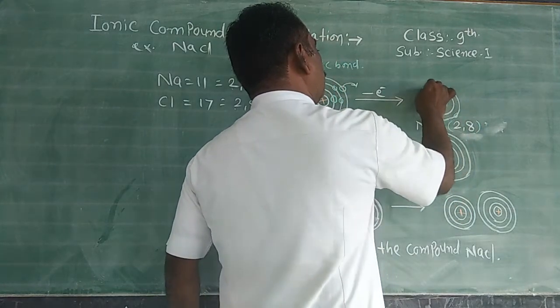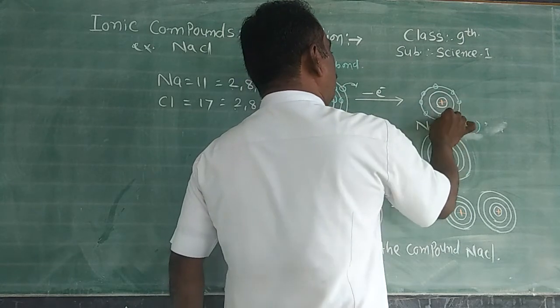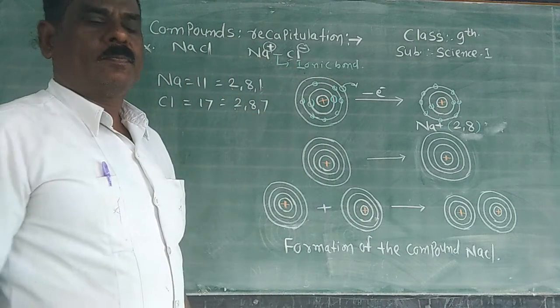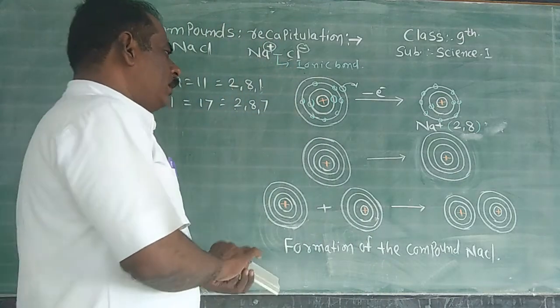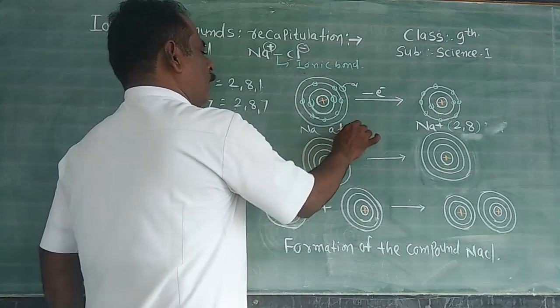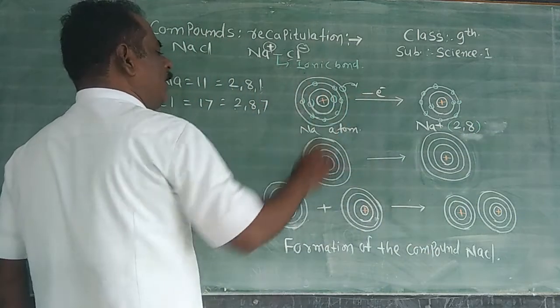You see here in this diagram, the last shell contains how many electrons? 8 electrons. Therefore, the octet is completed and it is considered stable. This is the sodium atom, which forms the Na positive ion by losing the electron.